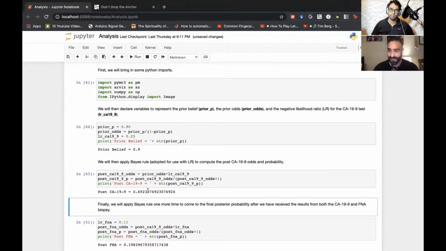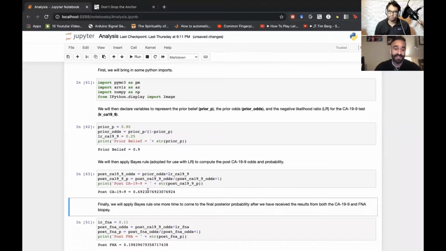So definitely we can see why they didn't stop there, right? A negative test in this patient with a high pretest probability, for a test that has an LR of 0.25, it's not 0.01, right? That's still 1 in 4 you'd be missing.